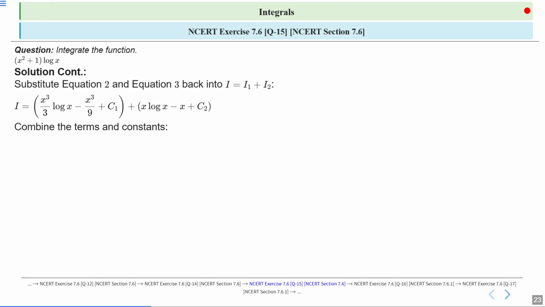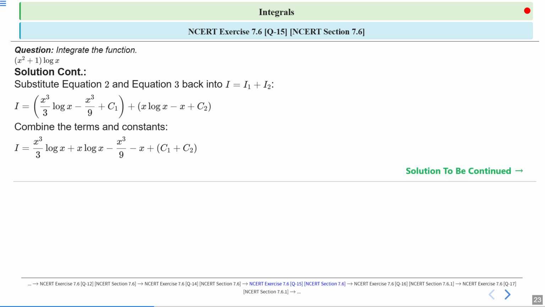So I is equal to x cube by 3 into log x minus x cube by 9 plus c1, plus x log x minus x plus c2. Combining the terms and constants, c1 plus c2 become another constant. So I is equal to x cube by 3 into log x plus x log x minus x cube by 9 minus x plus c1 plus c2.